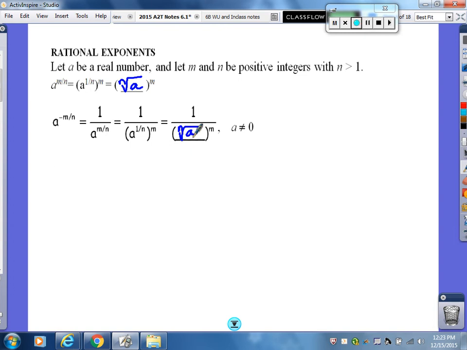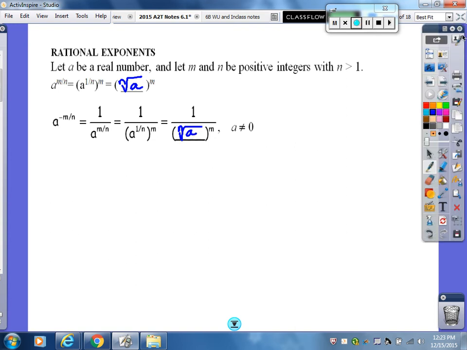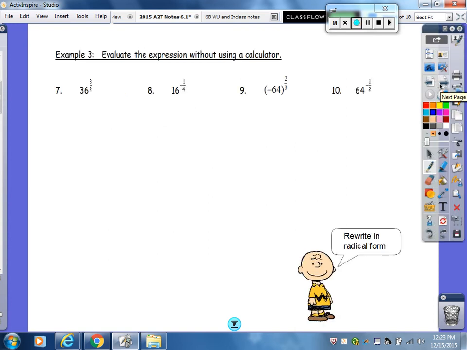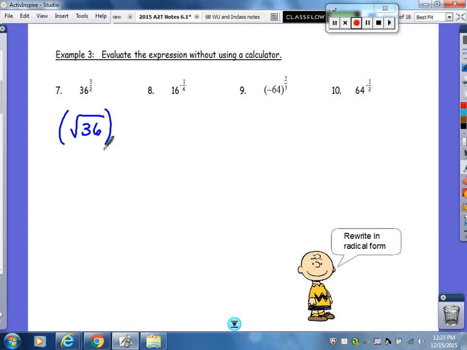Now because a is in the denominator, a cannot be 0, because we can't have 0 in the denominator. So let's apply this. We want to evaluate without a calculator 36 to the 3/2 power. We can rewrite this as the square root of 36 and then raise it to the 3rd power. The square root of 36 is 6, and 6 to the 3rd power is 216.